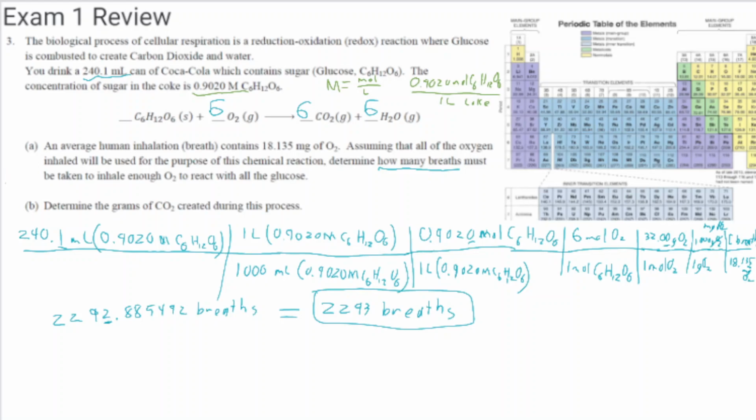All right, so we're going to have 240.1 milliliters of our solution, and I'm going to just call it Coke at this point. We'll have 1,000 milliliters of Coke for every 1 liter of Coke.